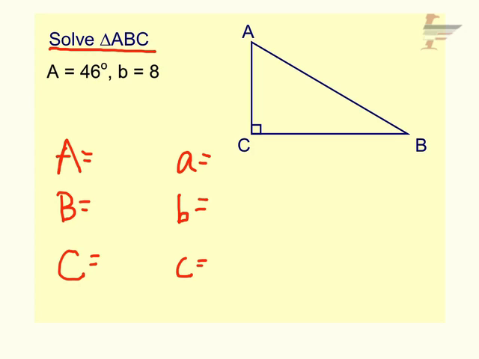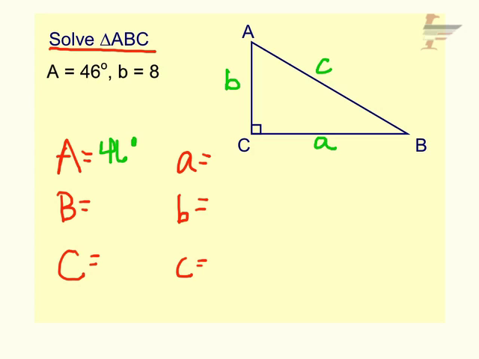And you can see that they already gave us angles A, B, and C. So the way that you label a triangle is angle A is going to be opposite from side A. So I know that side A is going to go right over here. Angle B will be opposite from side B. And angle C will be opposite from side C. And you can fill in the information you know.